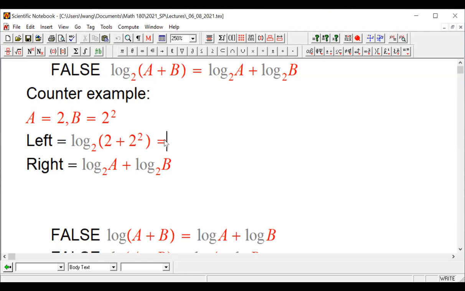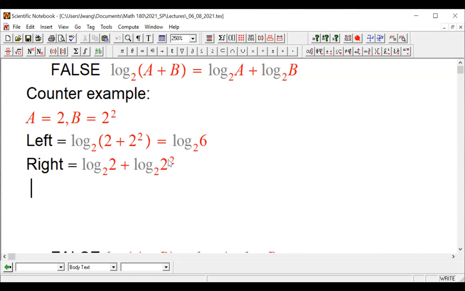By order of operations, we have log base 2 of 6. Let's look, this is 2 and that's 2 to the power 2. And that equals 1 plus 2, which is 3. If we write 3 in logarithm form, it is log base 2 of 8.